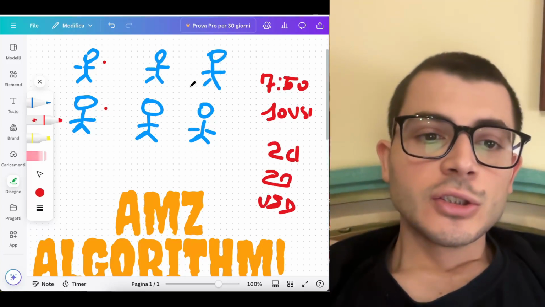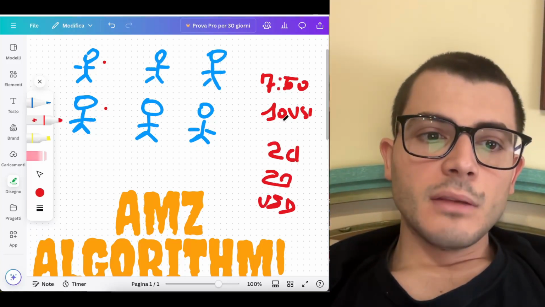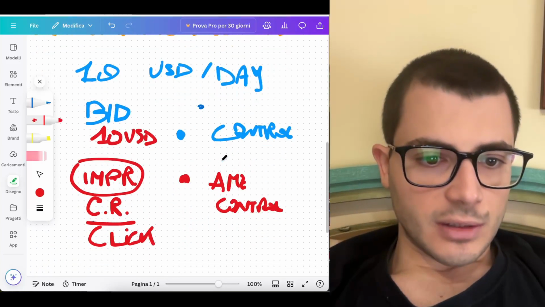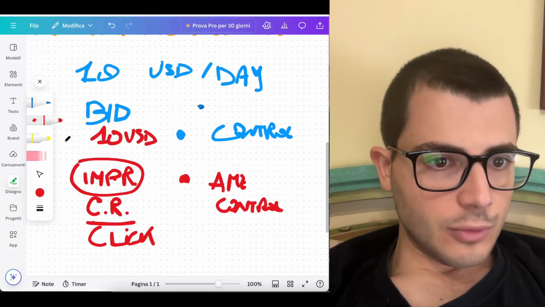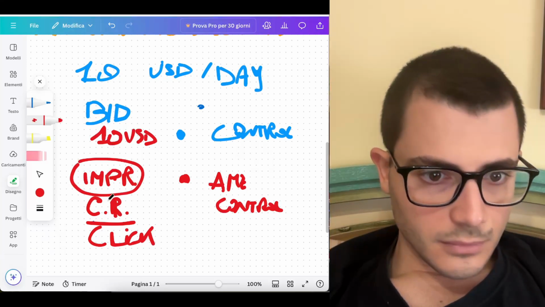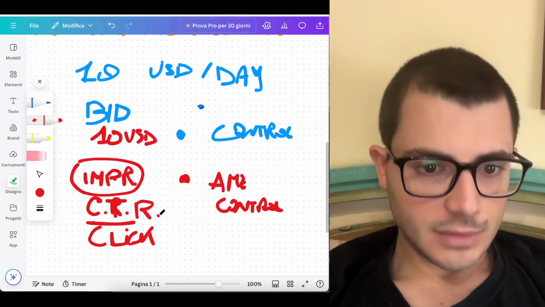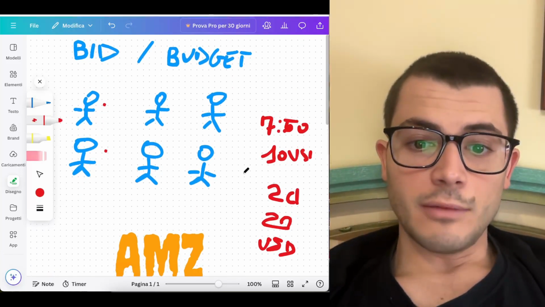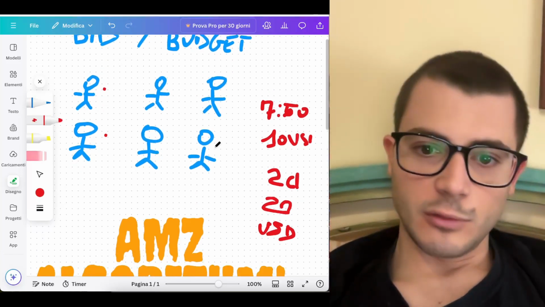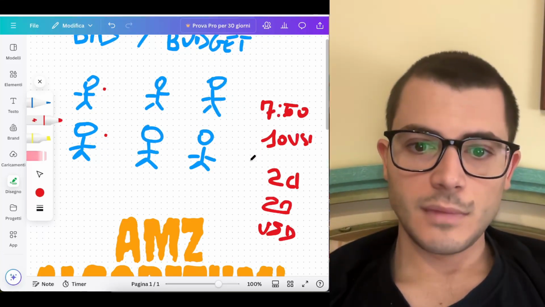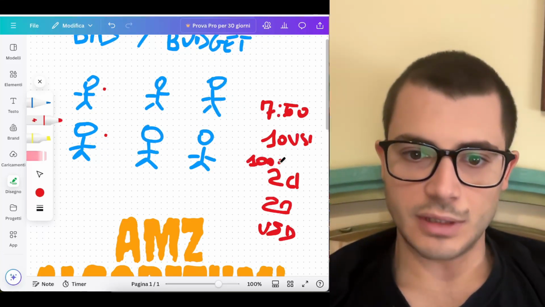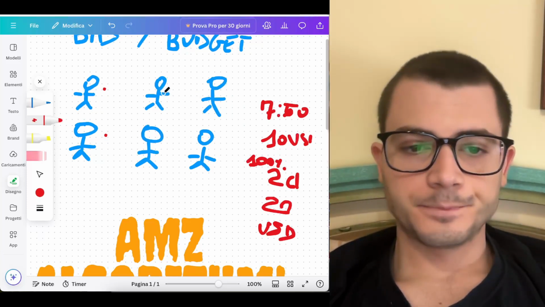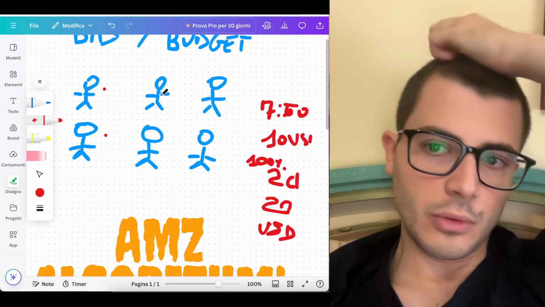But if Amazon, sorry, I wrote here conversion rate. I wanted to write click-through rate. So Amazon knows that in this case, I was supposing that you had a 100% click-through rate, so people that click when you show the book.